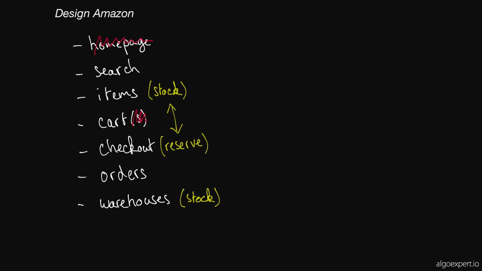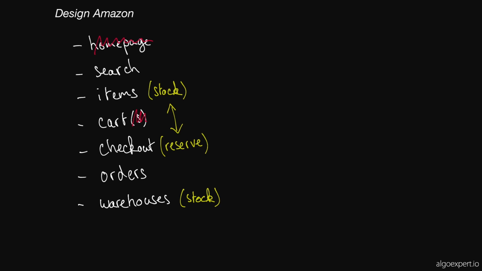And so here, our interviewer is going to say that we actually don't need to worry about that part of the warehouse assignment. All that we really care about is, again, the stock, like which warehouse has stock, or if a warehouse doesn't have stock, we should be able to figure that out.